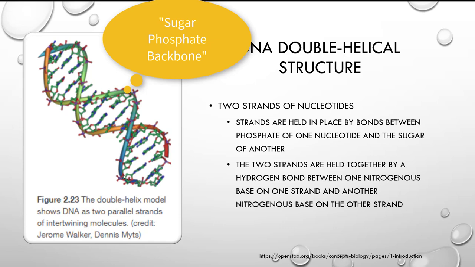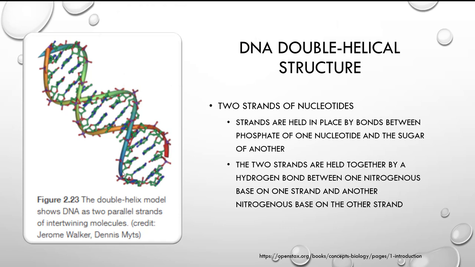Okay, so it's almost like a ladder structure to me. What holds the ladder up is the sugar phosphate backbone. And then the rungs of the ladder, the steps of the ladder, are basically the nitrogenous bases.